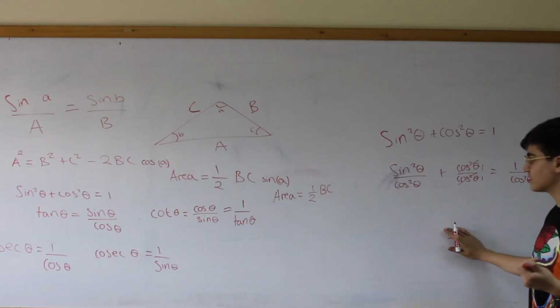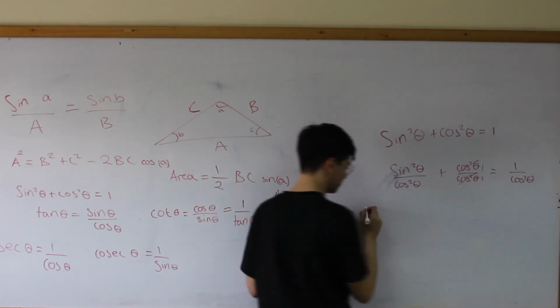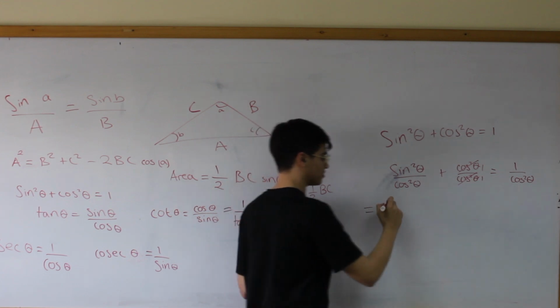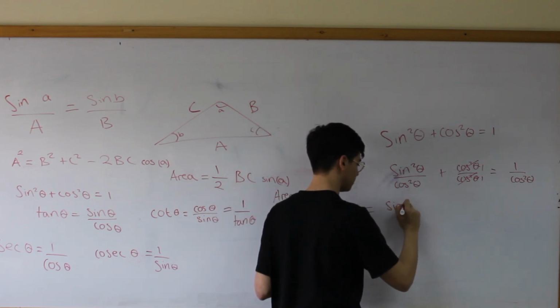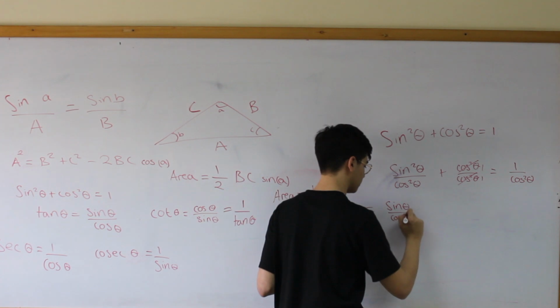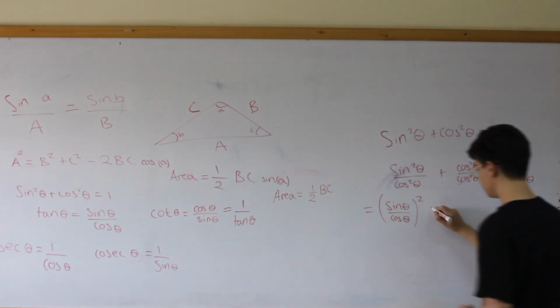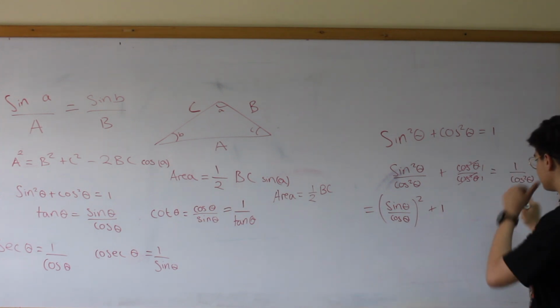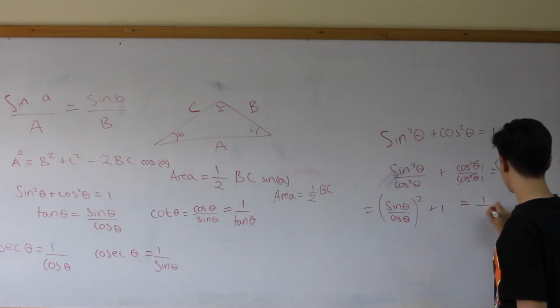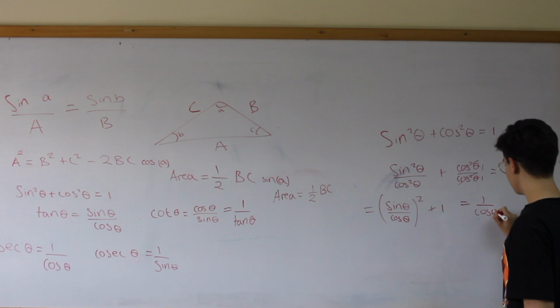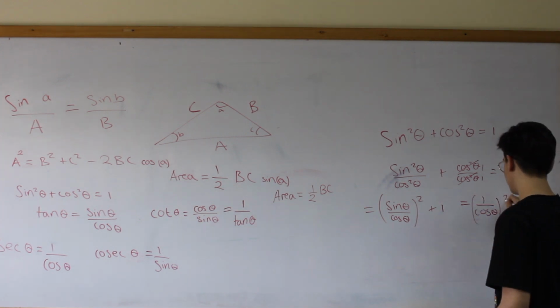And this can further simplify to give us another formula. So this is equal to sine of theta over cos theta, all of it squared, plus 1, and this is also equal to 1 over cos theta all squared.